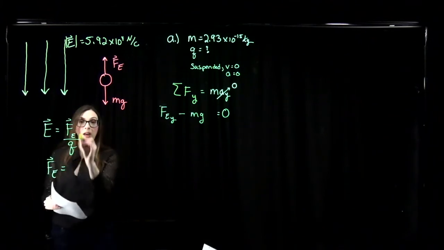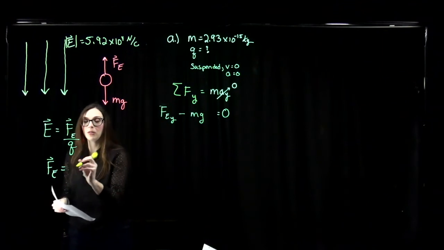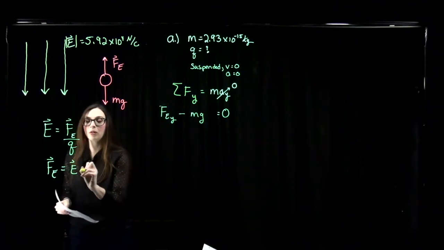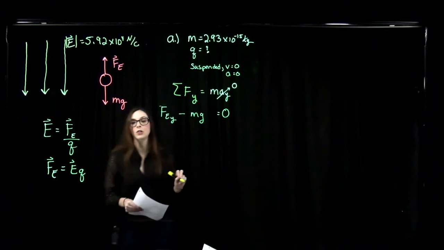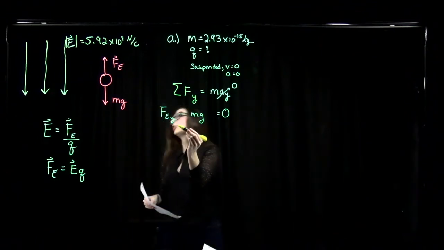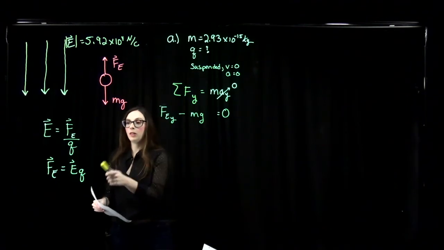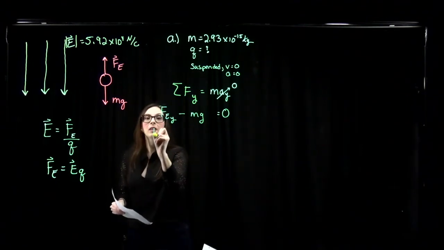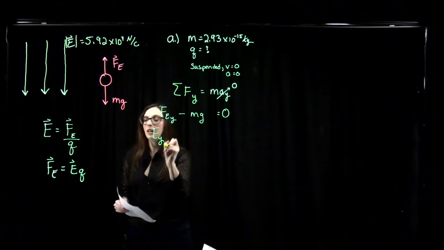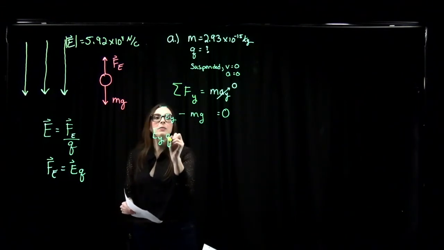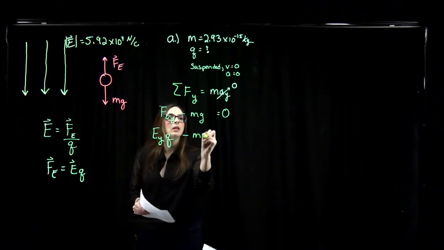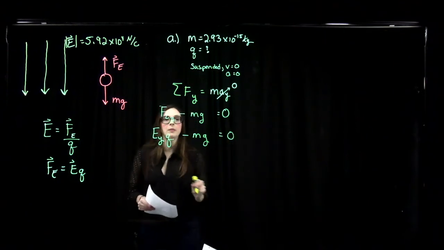We can rearrange that to say that our electric force is equal to our electric field times the charge. So here where I have my electric force, I can replace it with my electric field in the y direction times q, minus mg, and that has to equal 0.